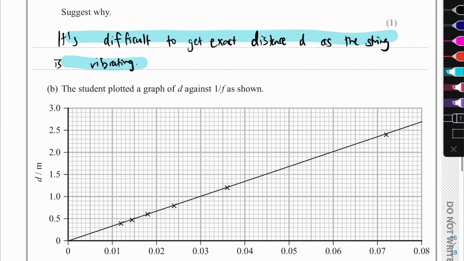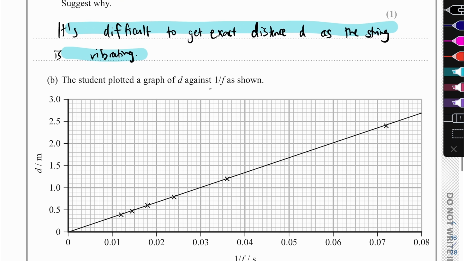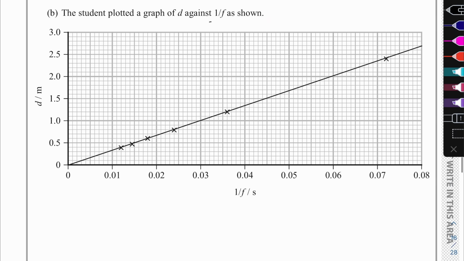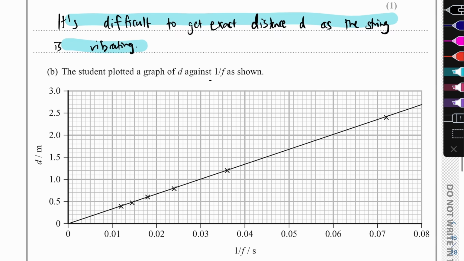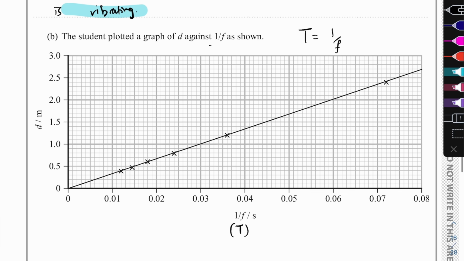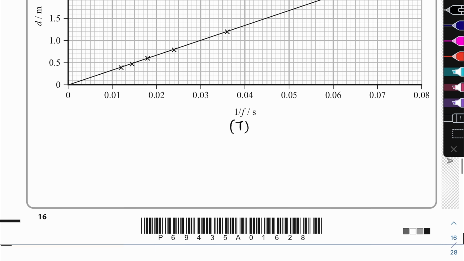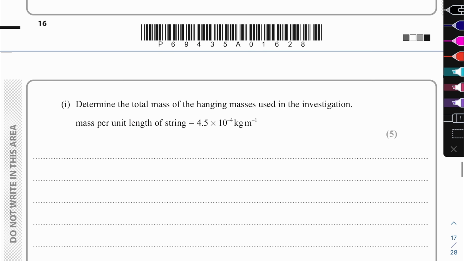The student plotted a graph of d against 1 over f, so meters against 1 over f. T equals 1 over f, so this is essentially time, just so we can remember in case we need it. So this is the graph. Then it says determine the total mass of the hanging masses used in the investigation.